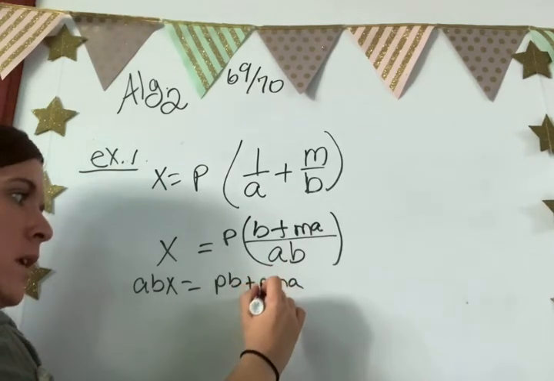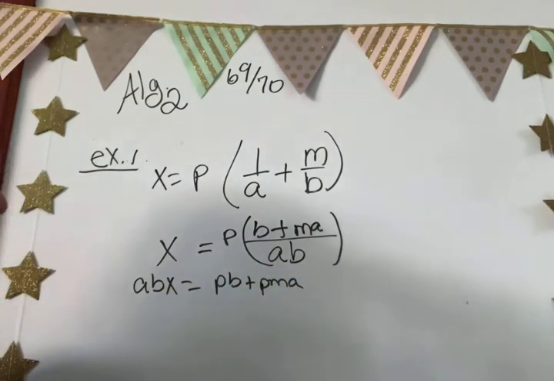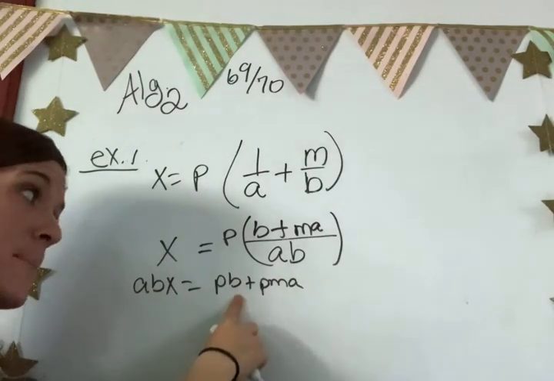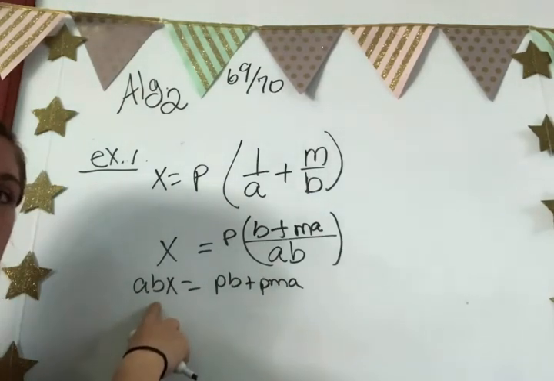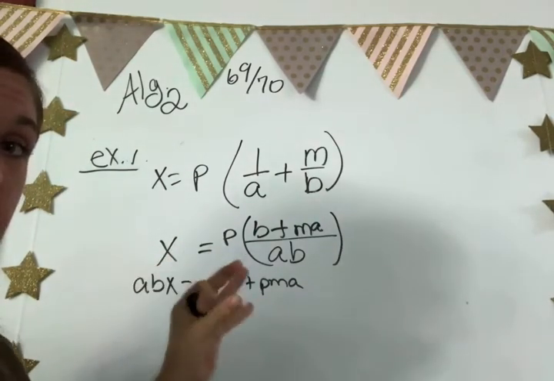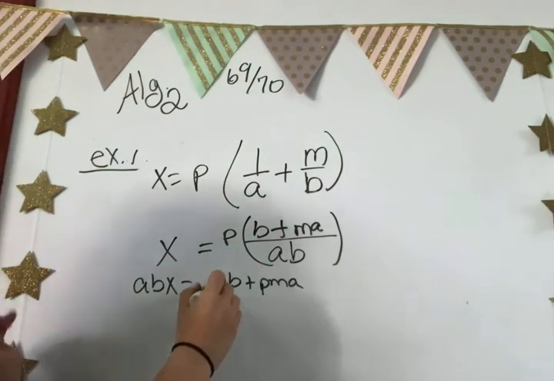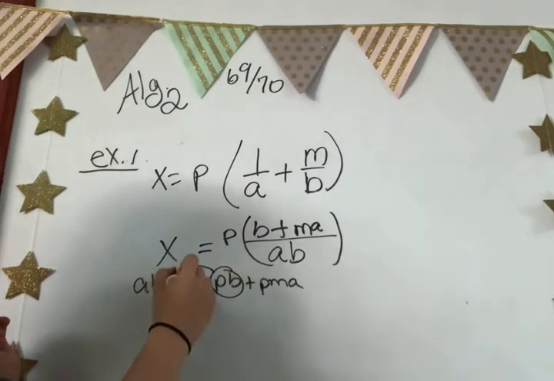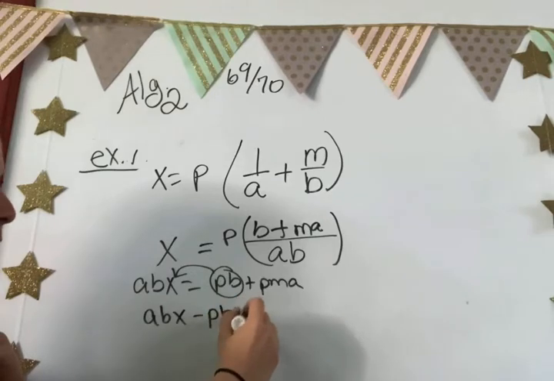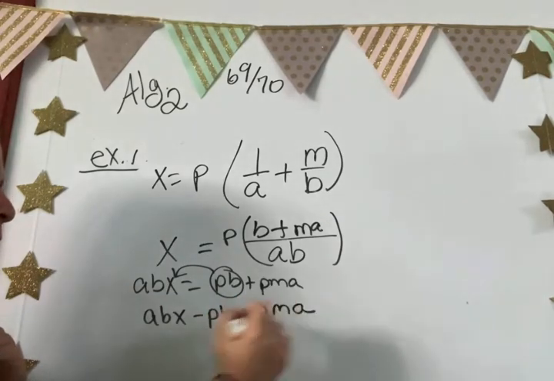Okay? Then what I'm going to do is I'm going to move any other term over here that has B in it over here, so that I can factor it out, so that I have every variable that has a B in it on one side. Okay, so I'm going to move this over here. So it's going to be ABX minus PB equals PMA, right?